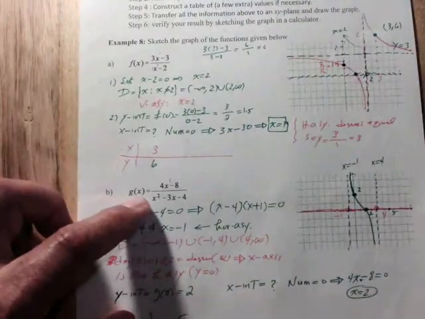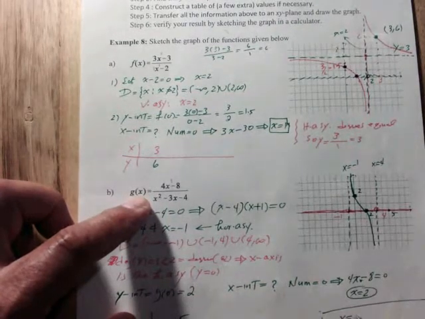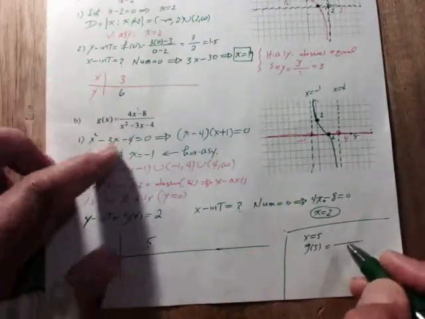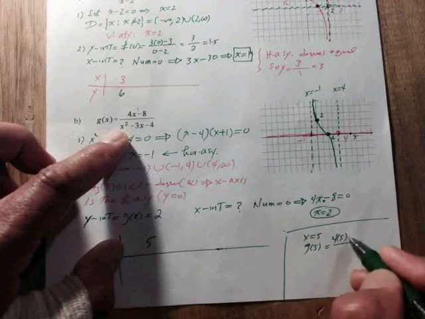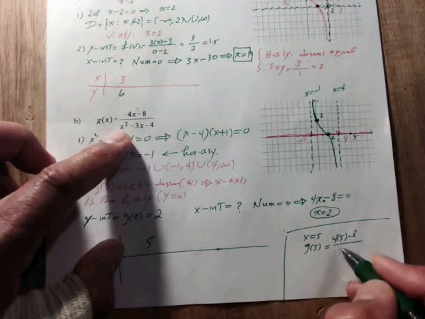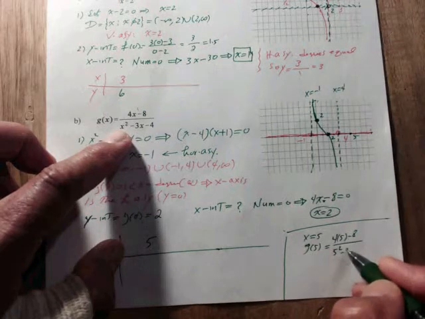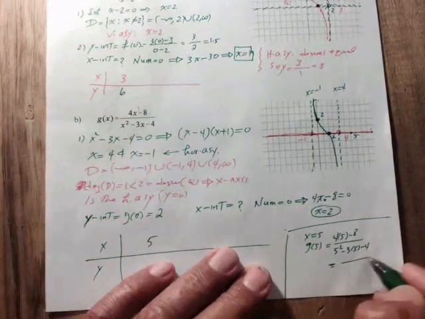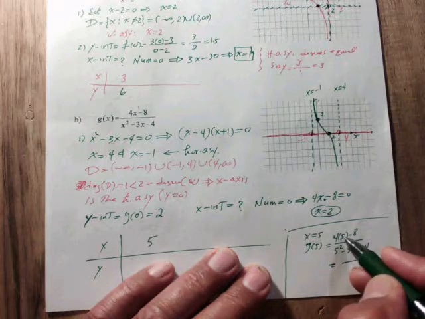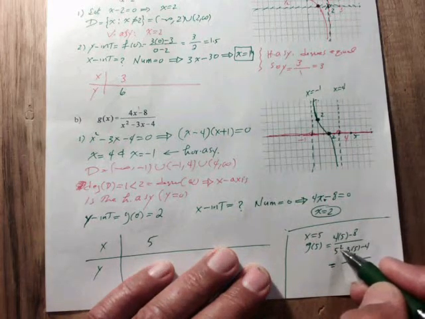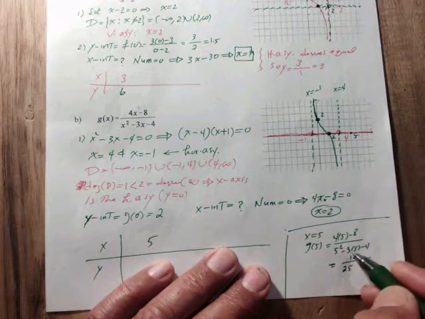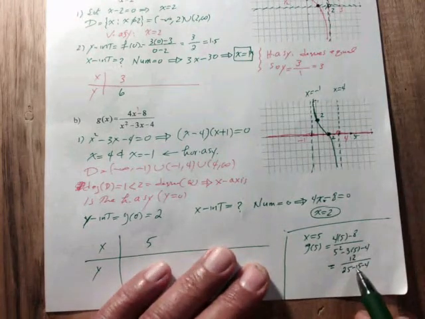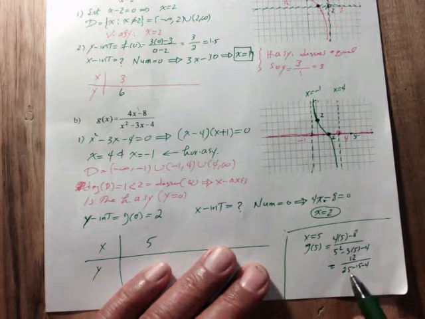G of 5 is 4 times 5 minus 8 over 5 squared minus 3 times 5 minus 4. 4 times 5 is 20, 20 minus 8 is 12. 5 squared is 25, 3 times 5 is minus 15, minus 4. 25 minus 15 minus 4 gives 6.